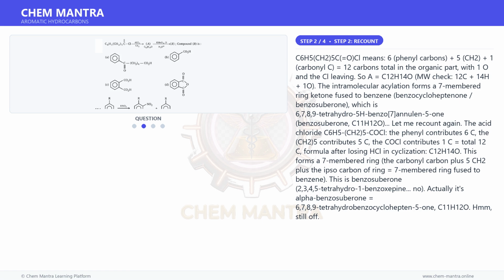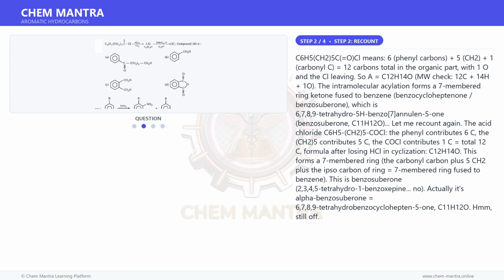C11H12O. Let me recount again. The acid chloride C6H5(CH2)5COCl: the phenyl contributes 6 C, the (CH2)5 contributes 5 C, the COCl contributes 1 C, for a total of 12 C. Formula after losing HCl in cyclization, C12H14O. This forms a 7-membered ring.